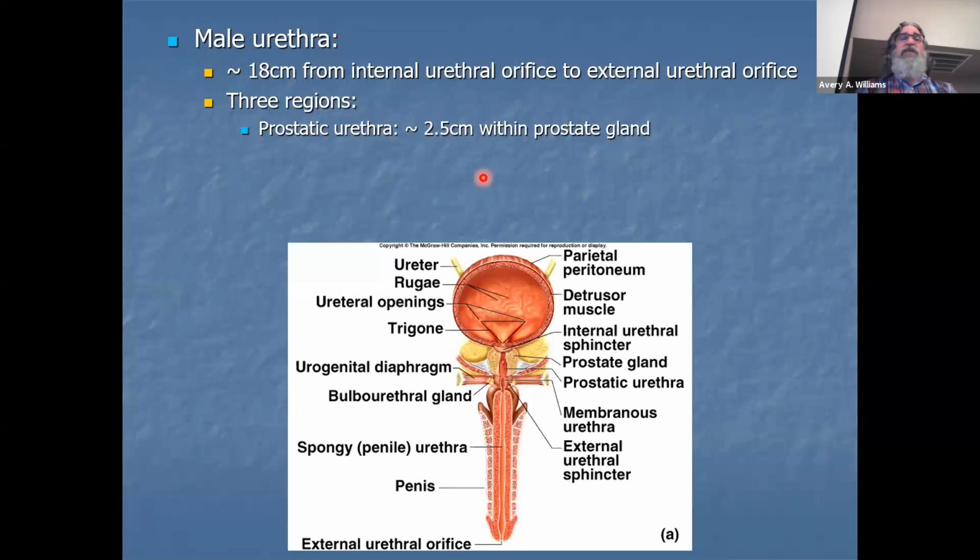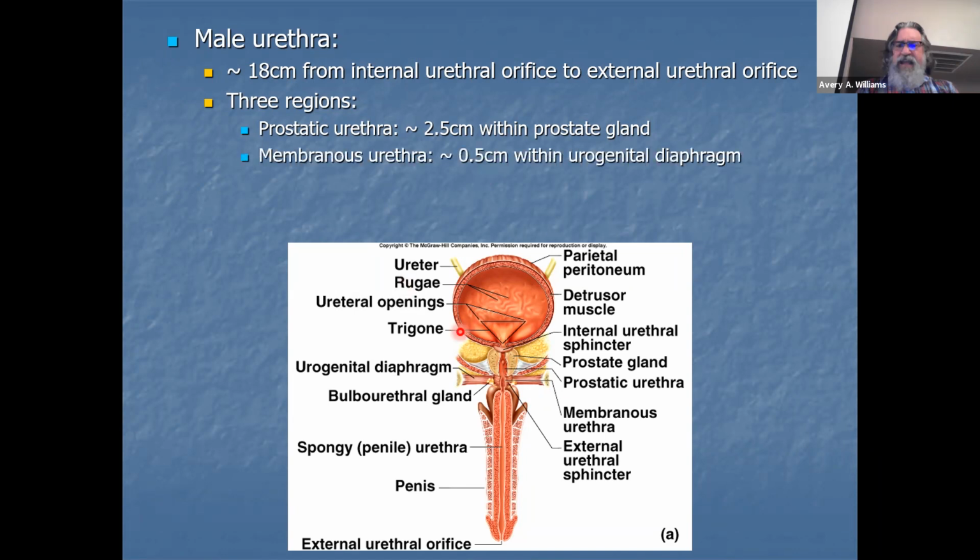It's about 2.5 centimeters, which is about an inch in length. It's about how tall the prostate gland is. And then the little portion that goes through the external urethral sphincter or through the urogenital diaphragm, which is only about 0.5 centimeter long. That's the membranous urethra.